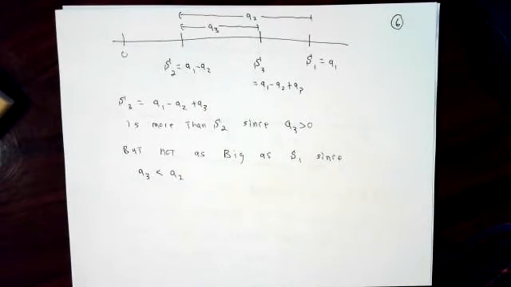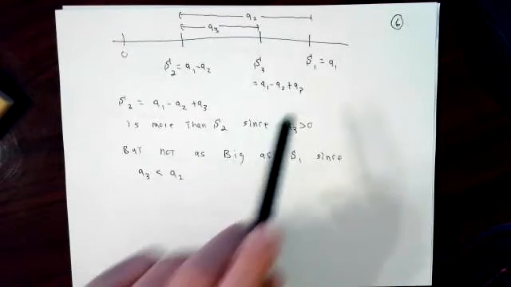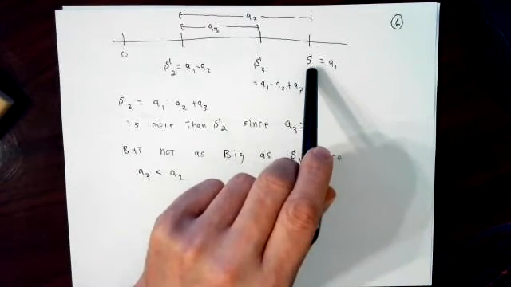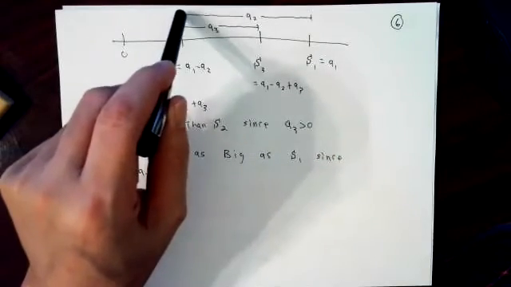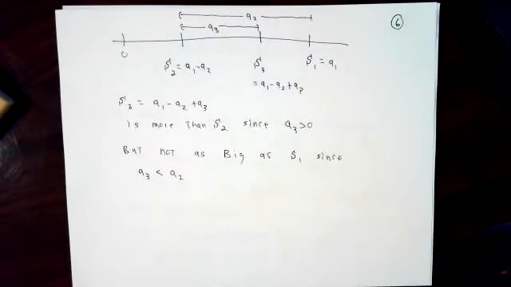But you see, A3 is smaller than A2 was. And if I wanted to get all the way back to the location of S1, I would need to add A2. So S number 3 is bigger than S number 2, but it's not as big as S number 1 was. Make sure you've got this straight in your head because we're going to generalize it in a second.